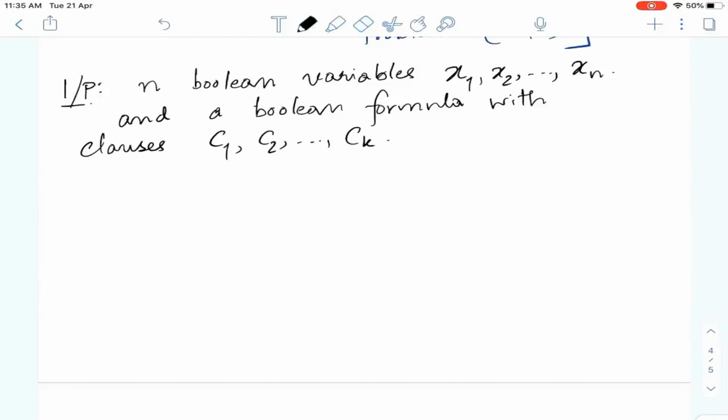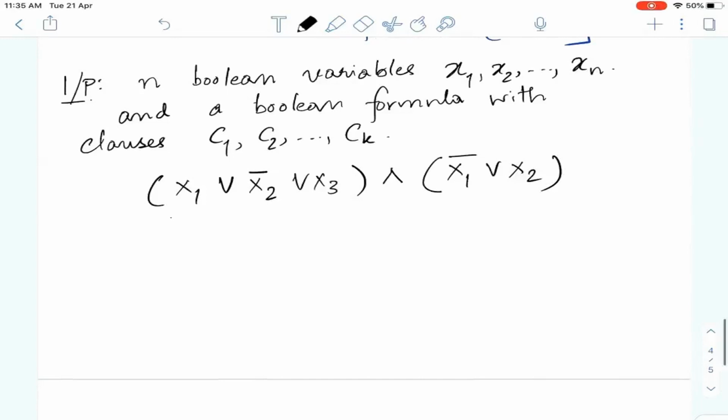Let's say x1, x2, x3, something like this. Okay, so that's my clause C1, and the formula looks like this.